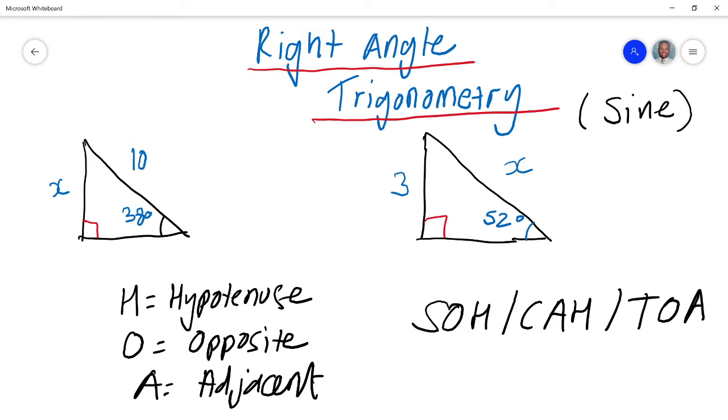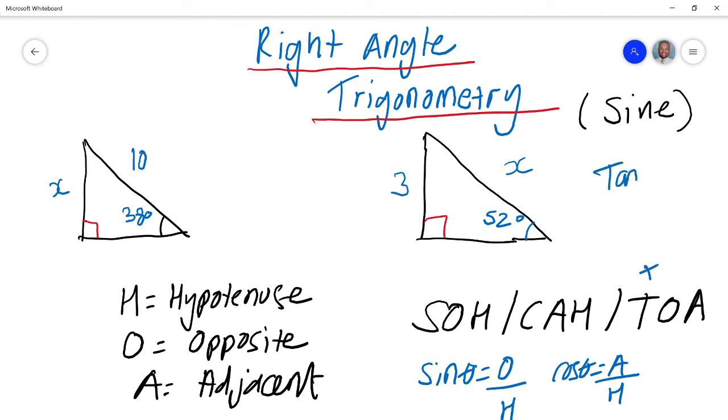All right, and then we use sine, cosine, and tangent. And just a bit of a recap, so sine theta is opposite over hypotenuse, cos theta is adjacent over hypotenuse, tan theta is opposite over adjacent.